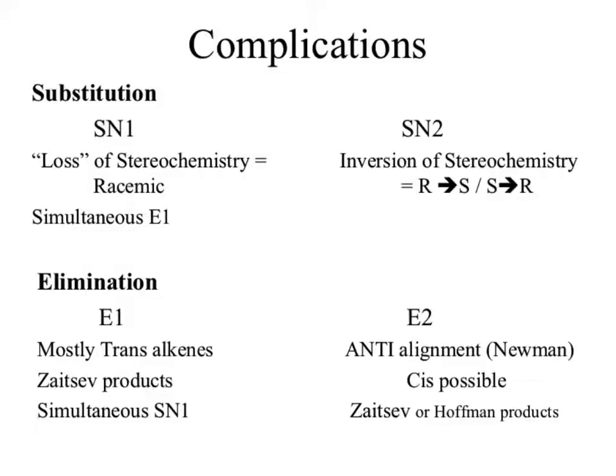Zaitsev and Hoffman, okay, they got to rubber stamp their name to individual reactions because the products produced were theoretically different from what was expected. Okay? That different thing is actually bad. Zaitsev literally just rubber stamped his name on an obvious reaction. Hoffman got to stamp his name on it because it was an unobvious reaction. Okay?